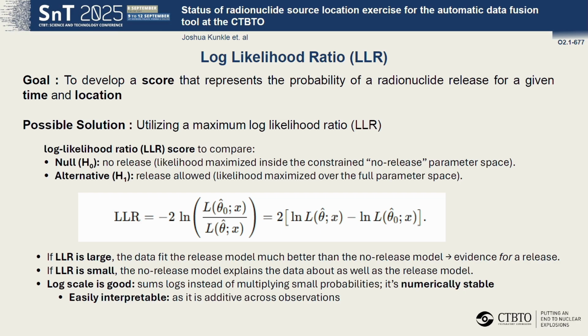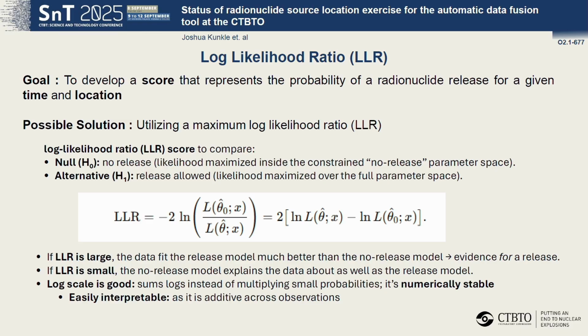The log turns products into sums, which is very useful because it is more numerically stable and more easily interpretable. When we break it out to the sum, we're really comparing the null hypothesis and the alternate hypothesis. If they're similar, that means they have a similar explanation. But if it's large, that means the alternate hypothesis fits better. That's what we're looking for.